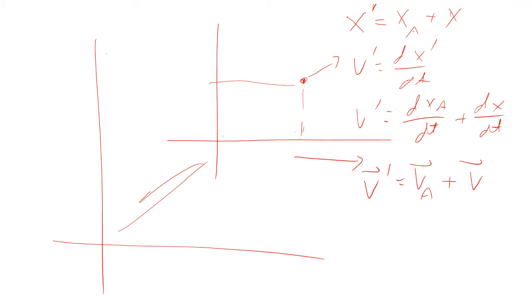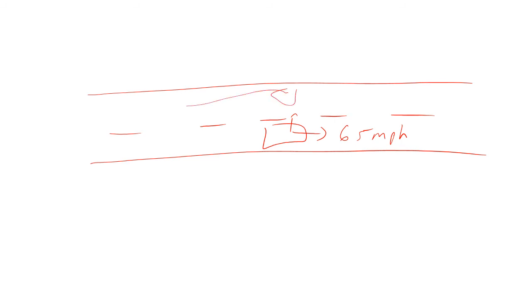Well, no, it's not. Imagine that you've got a highway here, and you're driving down the road at 65 miles per hour, and you look out the side of your car and you see an 18-wheeler going by, and it looks like it's going 5 miles per hour past you.